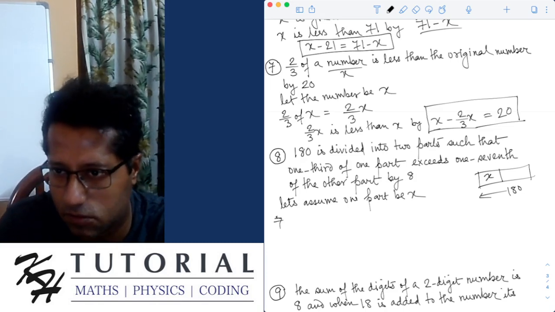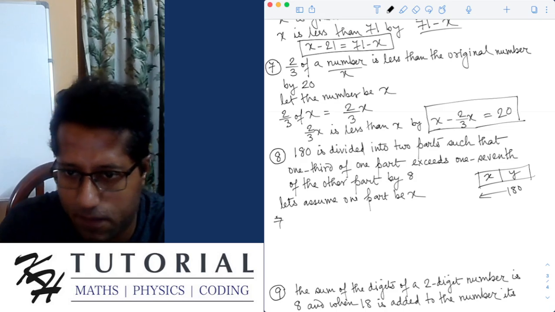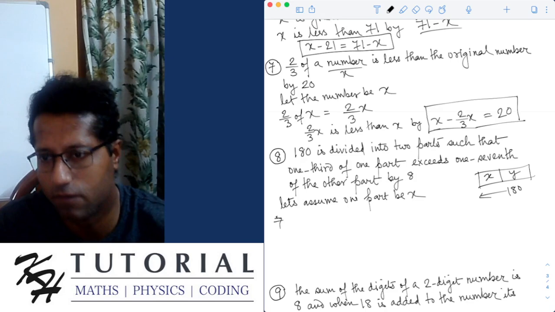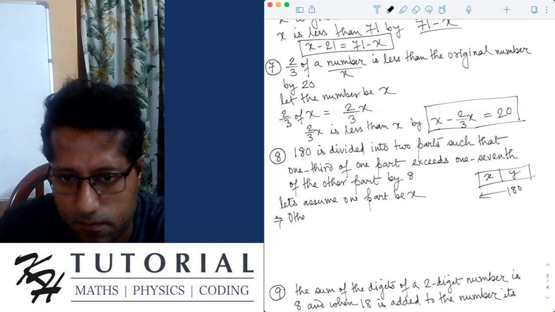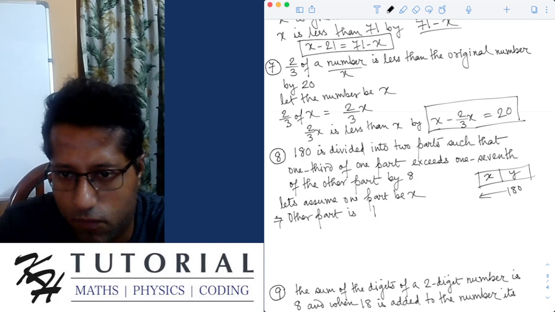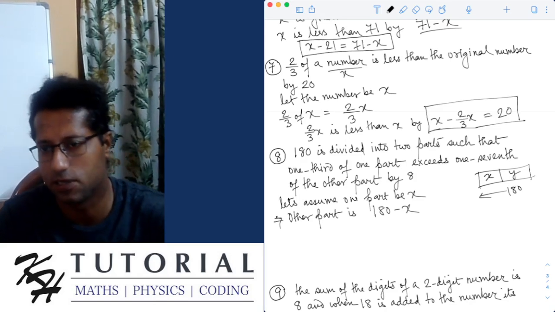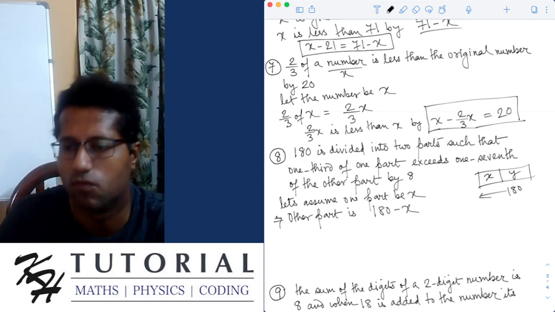Since the sum of the two parts is 180, we can say that the other part is 180 minus x. If one part is x, the other has to be 180 minus x, so that the sum of the two parts is 180.